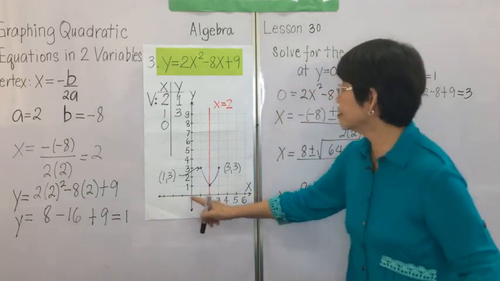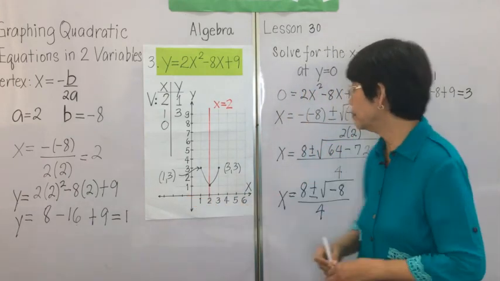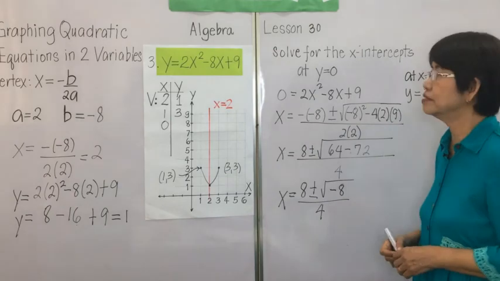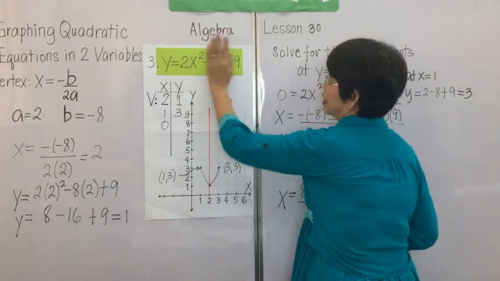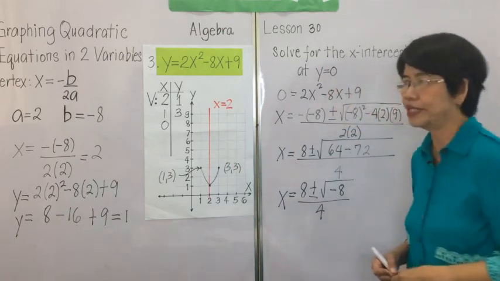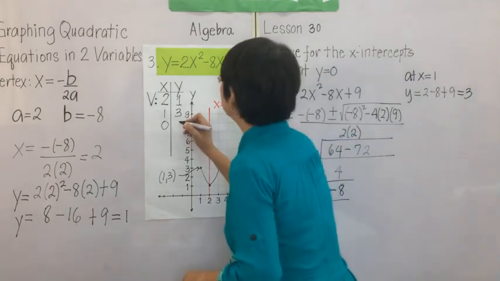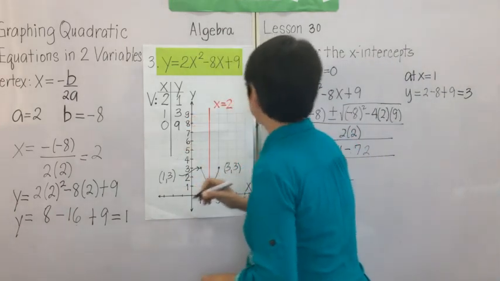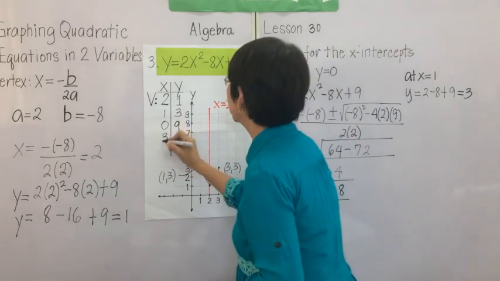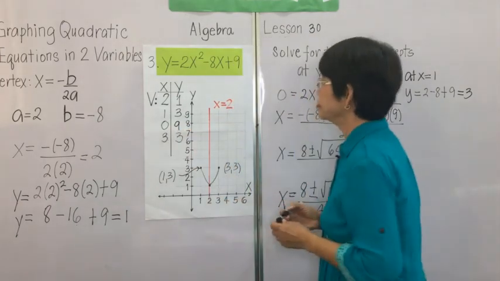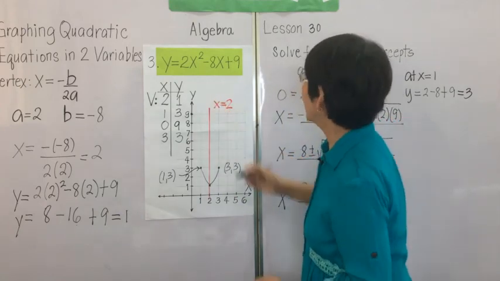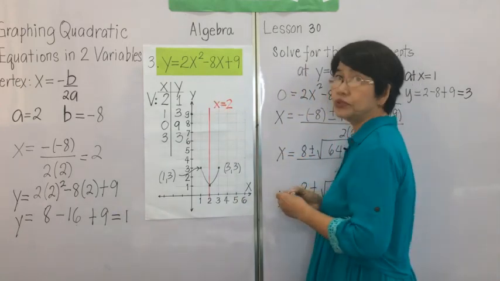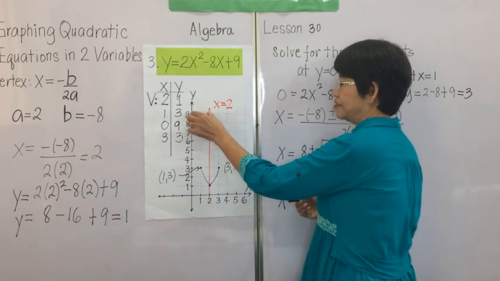And then we have another point at 0. At x equals 0, we simply cover this, 0, 0. And you have y is equal to 9. So 0, 9 is here, and this is 2 units away from the line of symmetry.